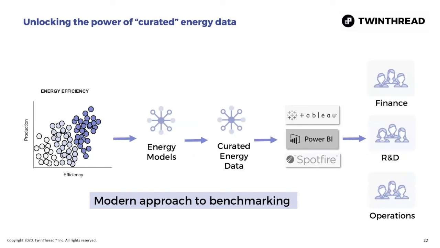So one of the things that we found is super valuable is that after you've gone through the trouble of creating digital twins and building out these energy models that are describing the energy consumption down at a very granular level in the facility and in the process, there are many uses for that energy data.